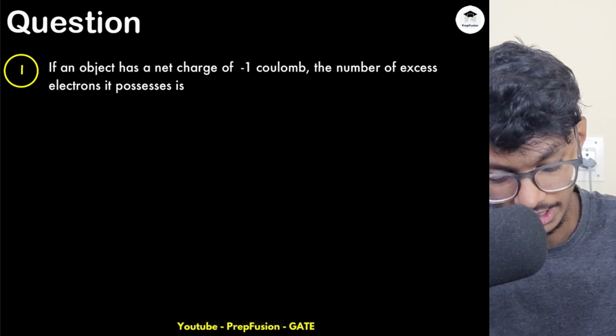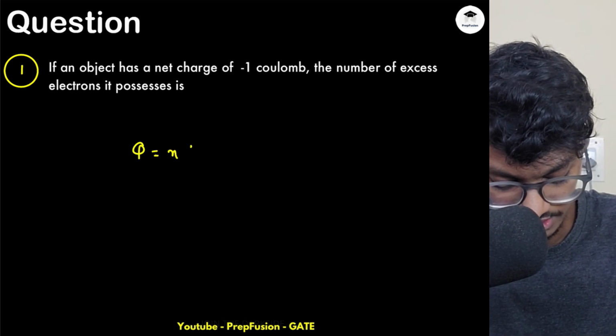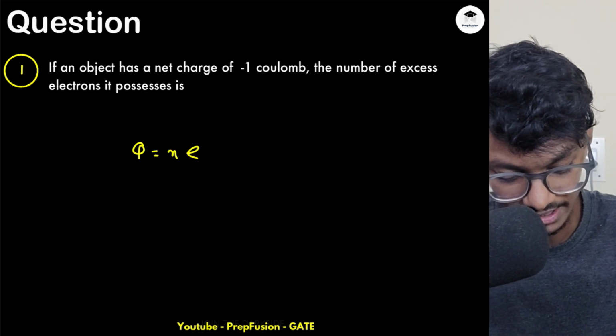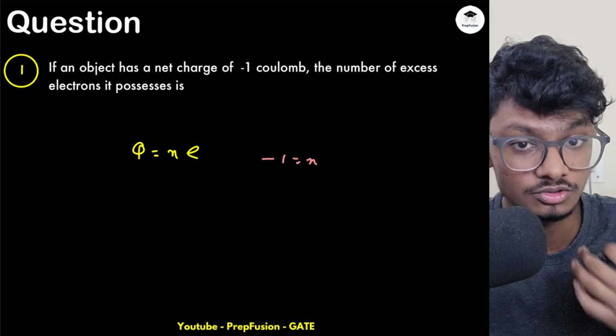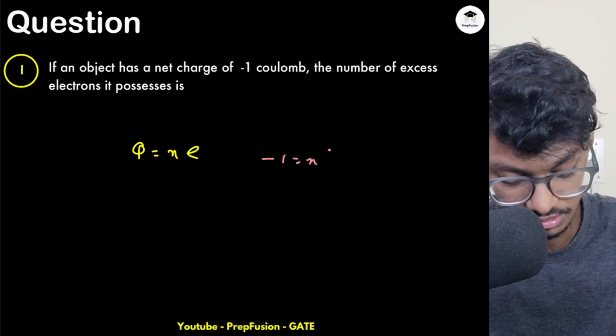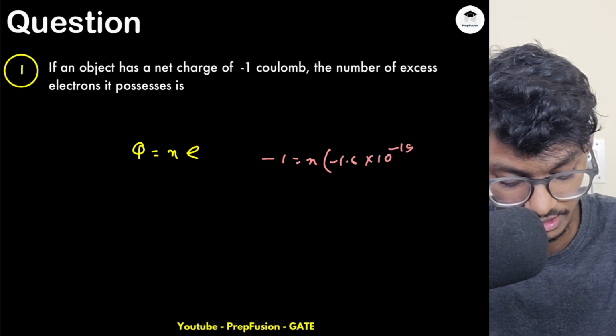Charge will always be a multiple of this. Here the excess charge is minus 1 and n is the number of excess electrons or protons. Since this is negative, it will be electrons only, so I replace it with the negative charge: minus 1 over minus 1.6 into 10 raised to power minus 19.